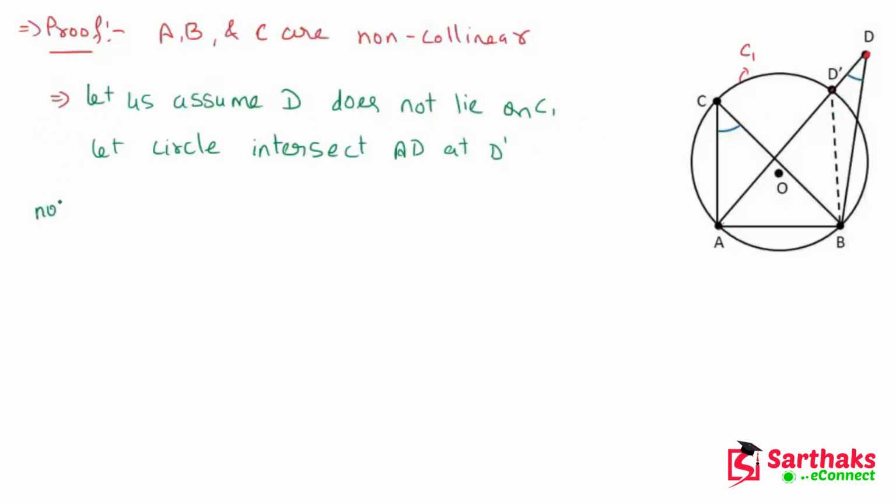Now we know that angle ACB is equal to angle AD dash B, because we know that angles in the same segment are equal.